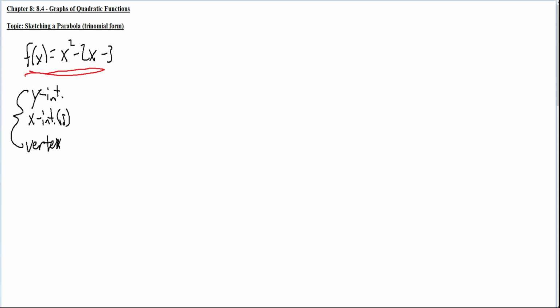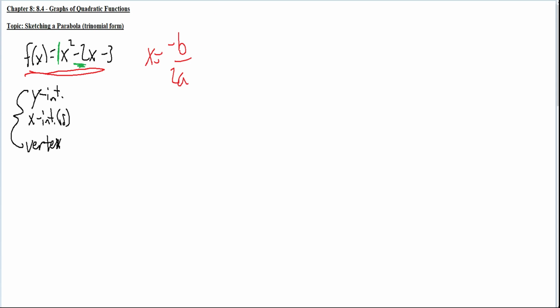The first thing we should probably find, though we can start with any of them, is the vertex, one of the easiest bits of information to find. Remember that the vertex is at x equals negative b divided by 2a. With this trinomial, a is equal to 1 and b is equal to negative 2.